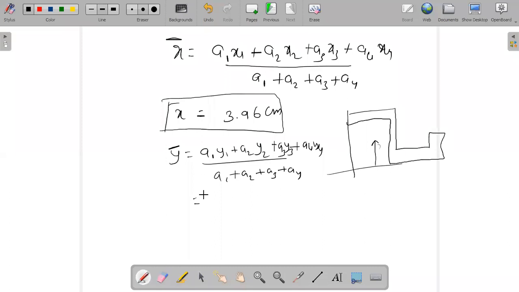Please make it fast. So in the x-axis, in this direction, you have got the value 3.96. It will be somewhere around here because this total length is 4. And the y-axis you have to find, then we can find the CG.